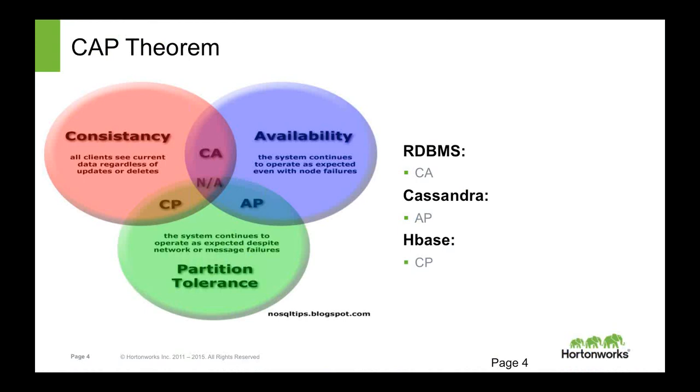With something like Cassandra, where it's available and partition tolerant, users of the system may not see the same version of the data all at once. That can pose certain problems, but then again there may be certain advantages to that. We call that eventual consistency. So hopefully that makes sense.